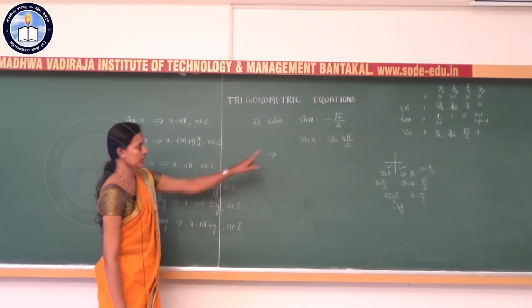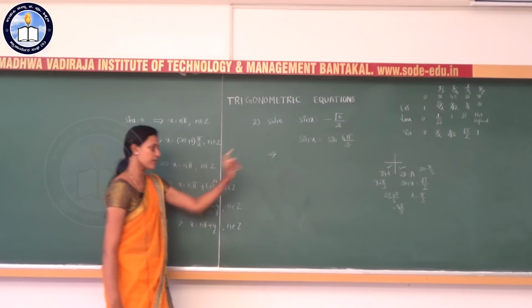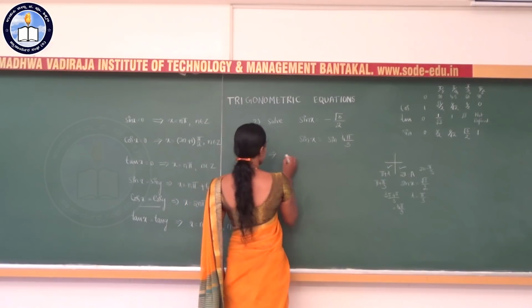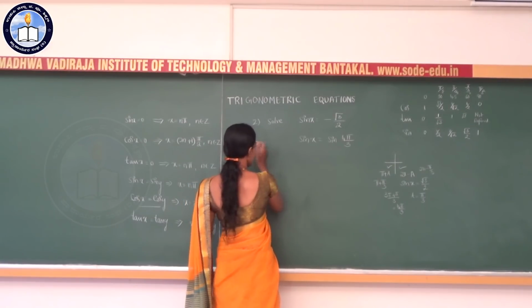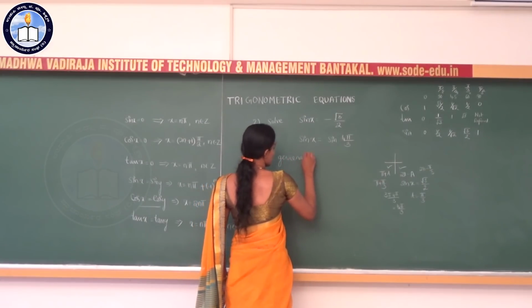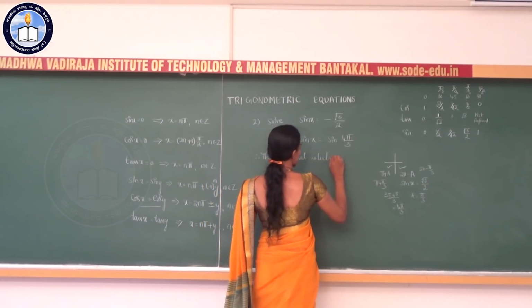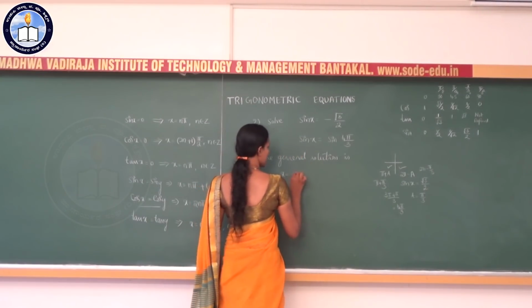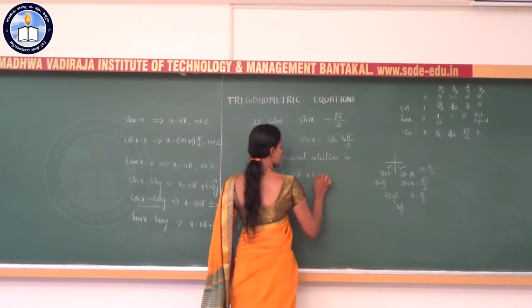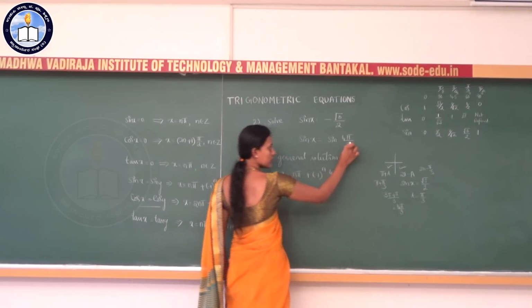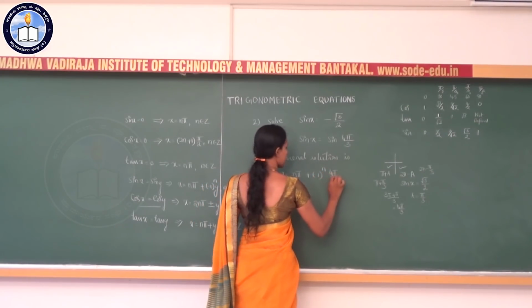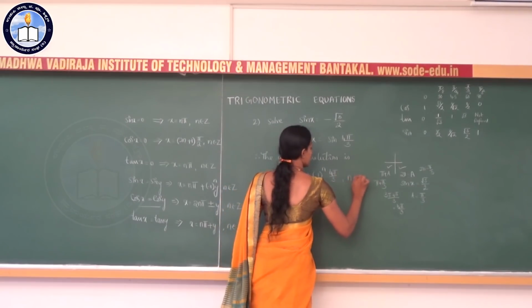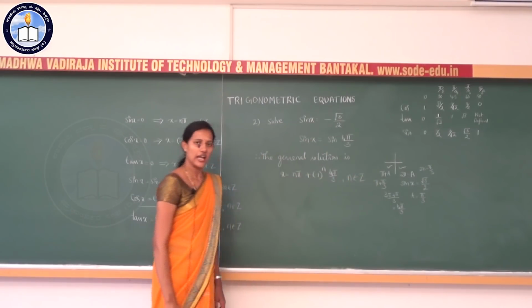In the place of y, here we have 4 pi by 3. So therefore, the general solution is x is equal to n pi plus minus 1 to the power n into y, where y is 4 pi by 3, for integer n.